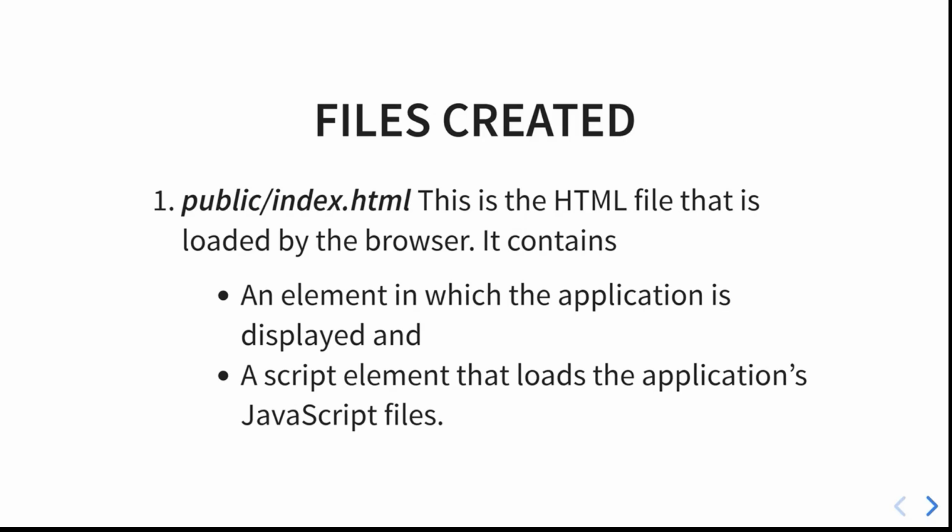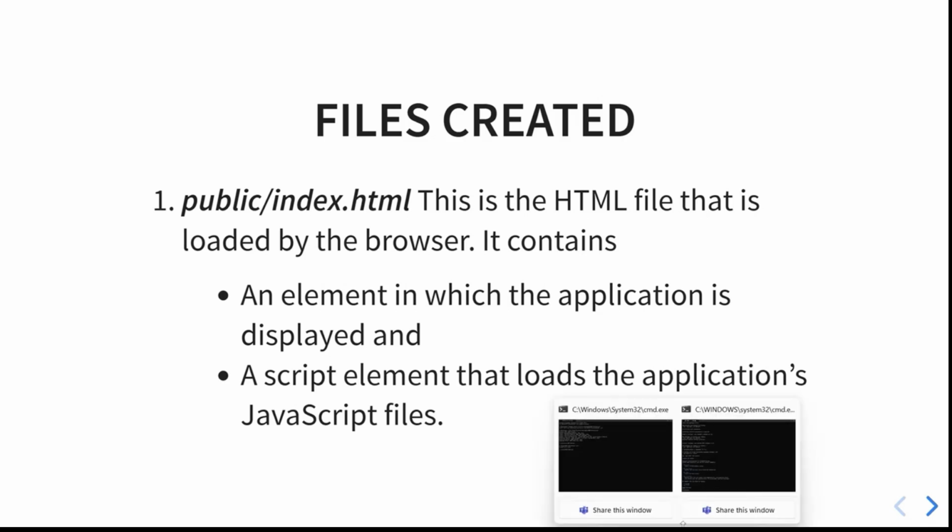The main function is the entry for your application. Similarly, index.html is the entry to your application. And what will be inside index.html? An element in which the application is displayed. I will show you that element. And also you'll have a script tag that loads the application's JavaScript files. These are the two major things that will be part of your React application.